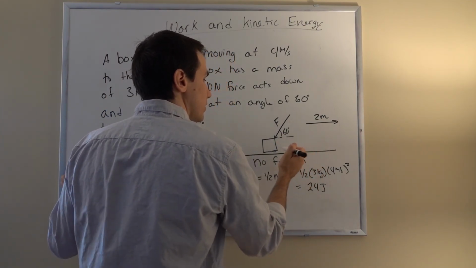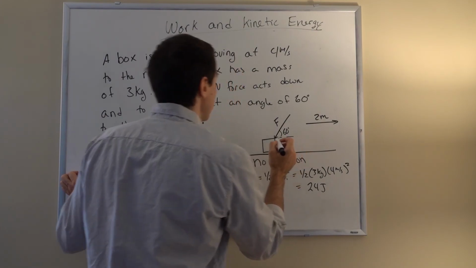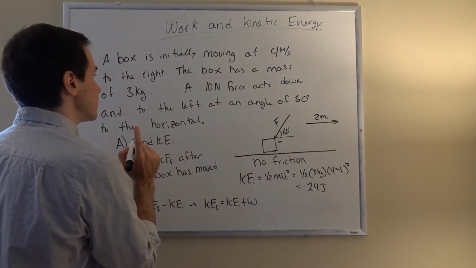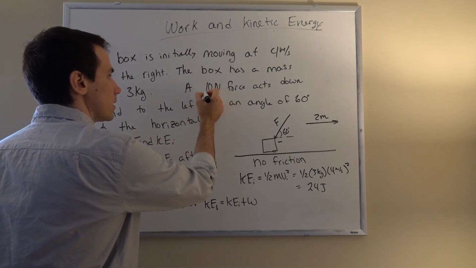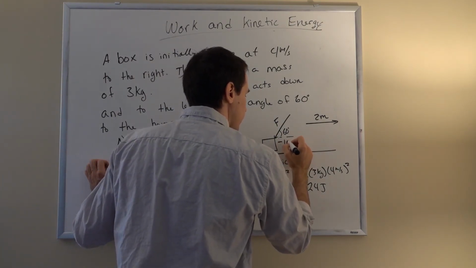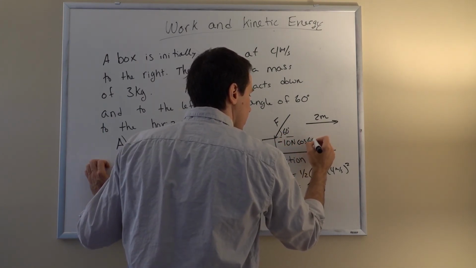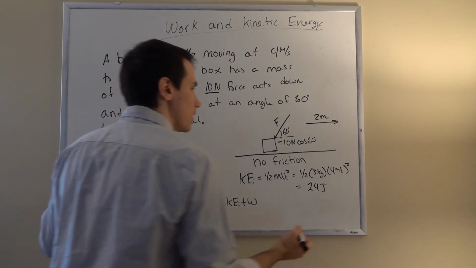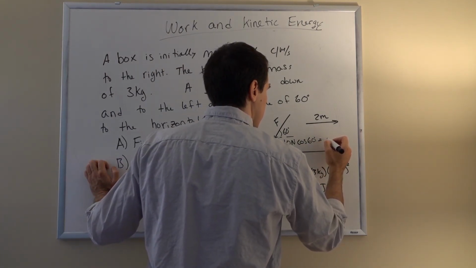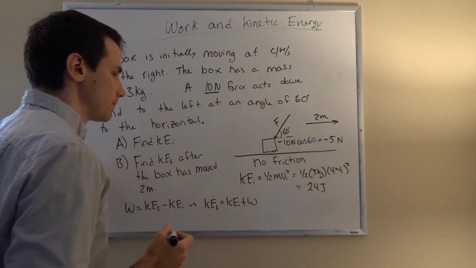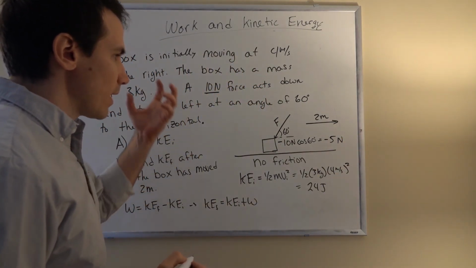The x component of my force is going to be negative the magnitude of my force, which is 10 newtons, right here. So it's going to be negative 10 newtons multiplied by the cosine of 60 degrees, which is negative 5 newtons.